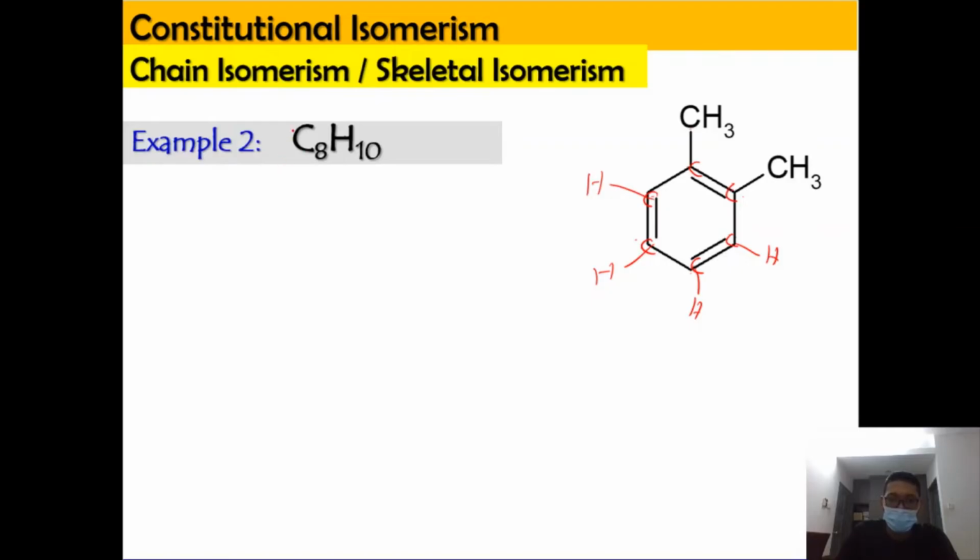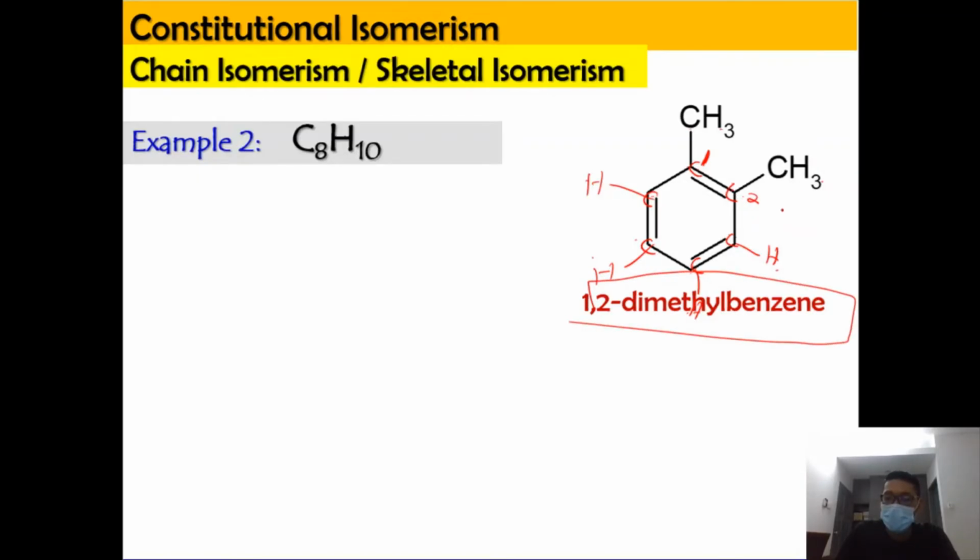So C8H10. 1, 2, 3, 4 plus 3 is 7, plus another 3 is 10. So this is going to be our first isomer, or we can call it 1,2-di, because there are 2 methyl groups on the benzene.